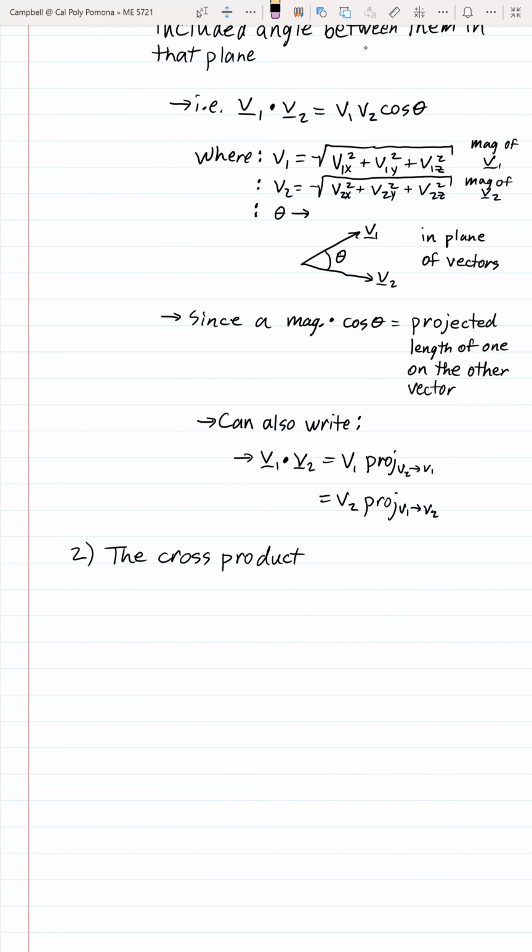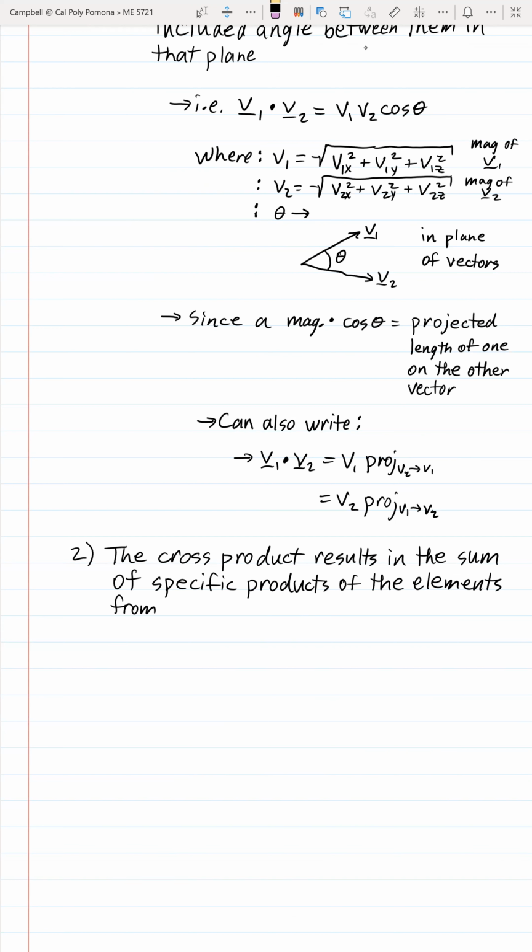So the cross product results in the sum of specific products of the elements from 2 vectors.